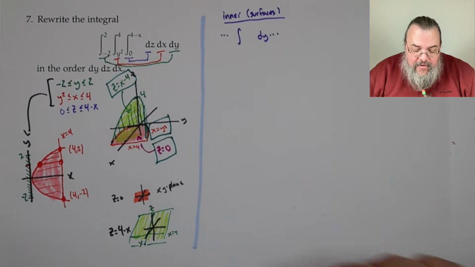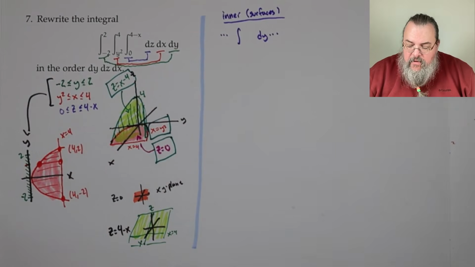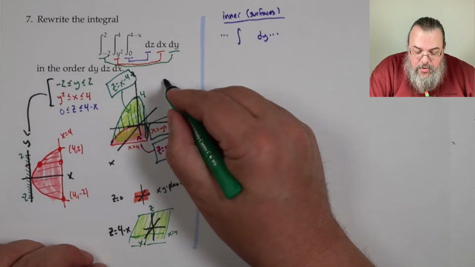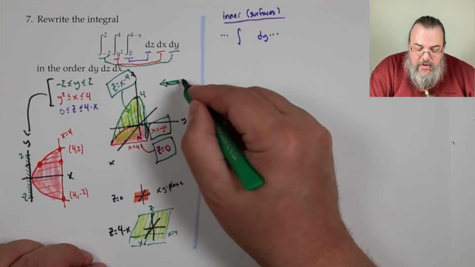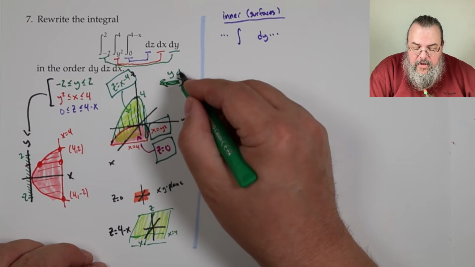Now, I come back and I say I have my solid. What is the y direction? Can I identify that? Well, yes. The y direction is going to be moving parallel to the y-axis. So this is the y direction.